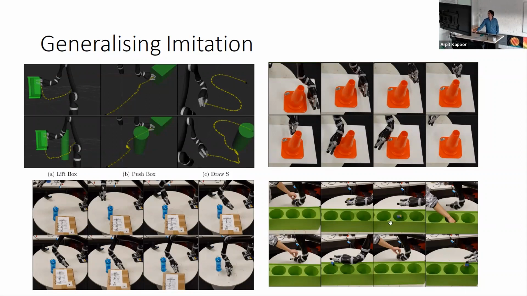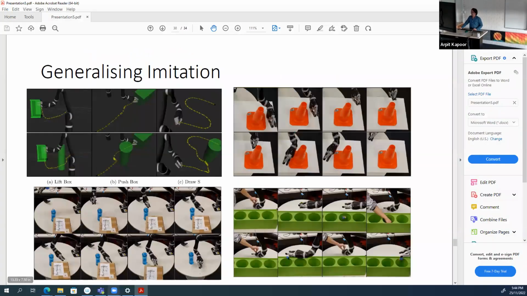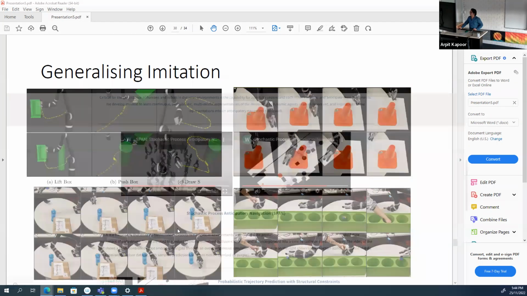This set of experiments shows that we teach the robot to drop an object into the middle pot, and then we use this framework to generalize so that it can drop into neighboring pots. And so we have a video of that in action.